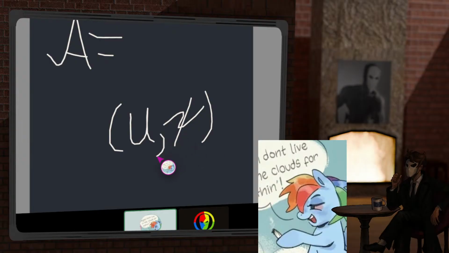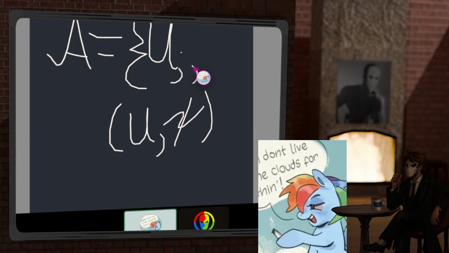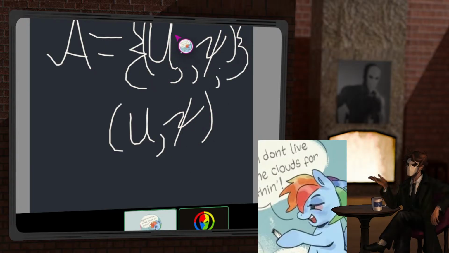So it's like a pairing. The atlas is the set of all the charts. Sorry, my handwriting is awful. It's fine.